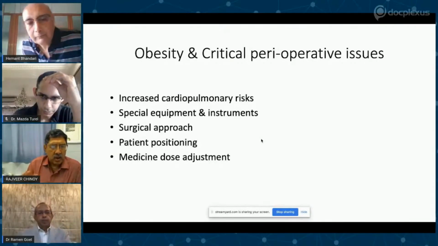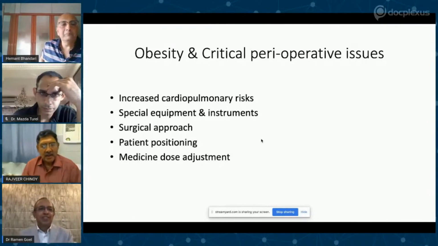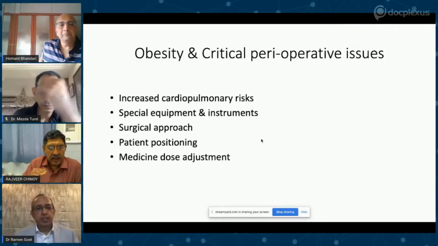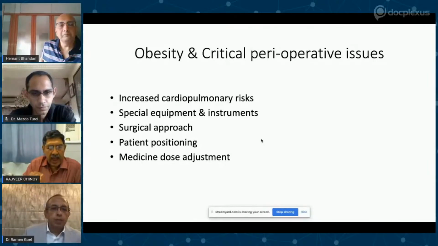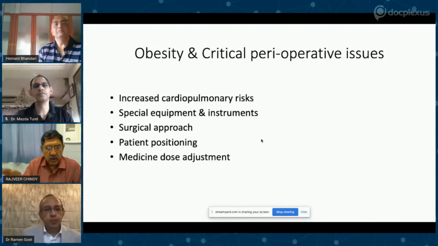10 kilos is not bad. Most of us in Bombay are 10 kilos overweight. So I'm talking about the very heavy people. And now hip and knee replacement is shifting towards fewer and fewer days of stay. Time spent in hospital is being reduced drastically.